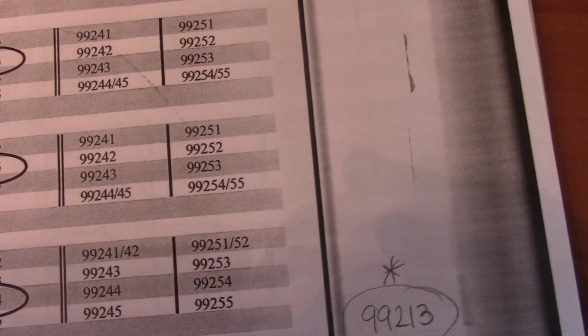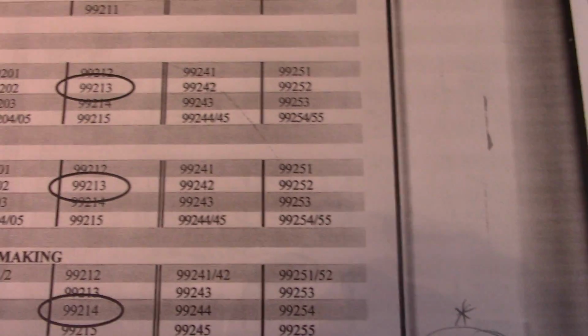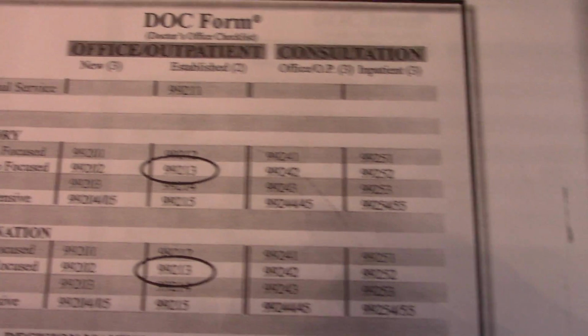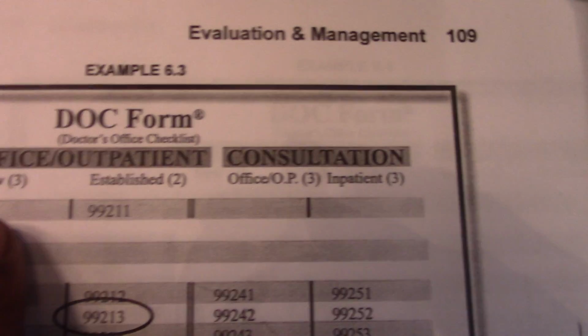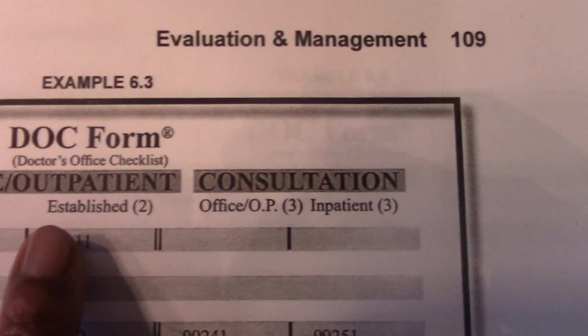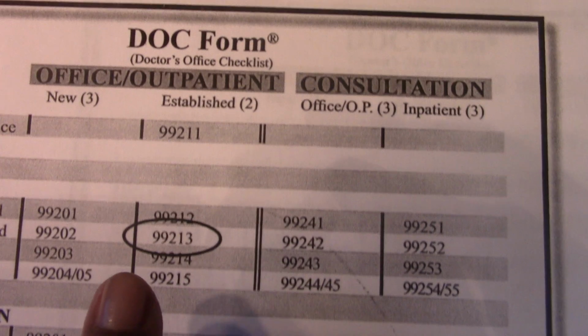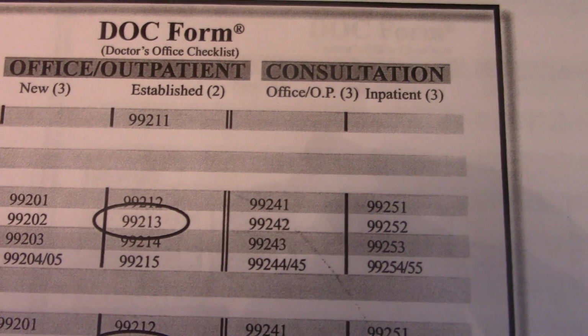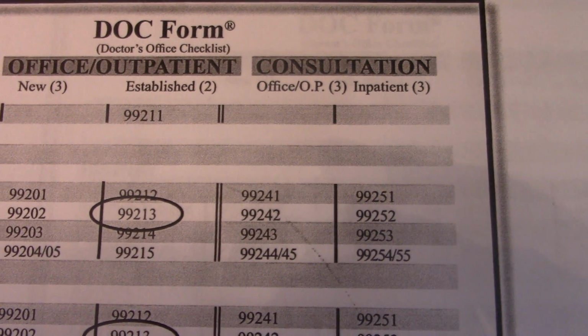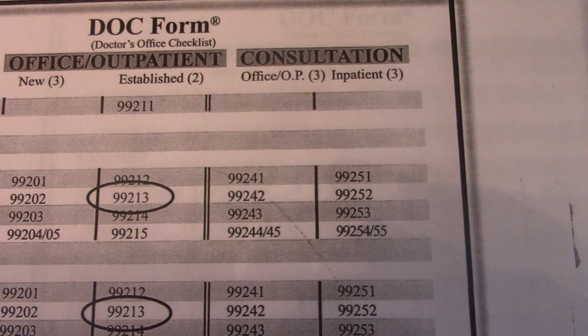Let's take a final example. Suppose an established patient who seems very ill comes into the office. Now we're under established, we're no longer under the new column. Office visit. All right? He's very ill, comes into the office.